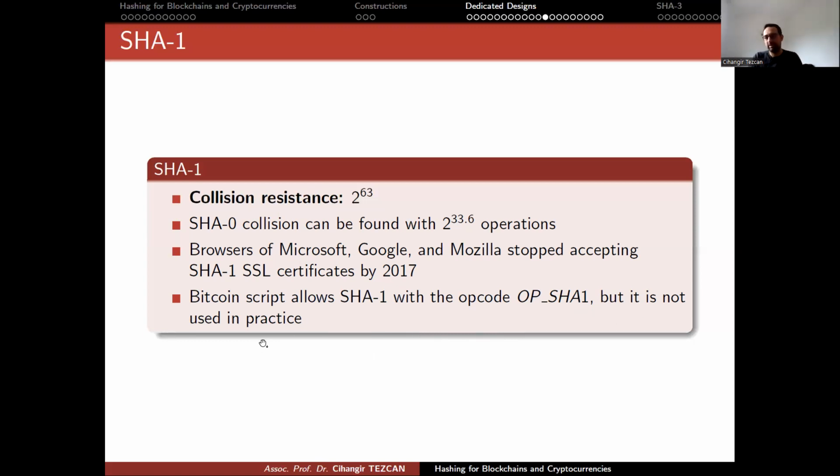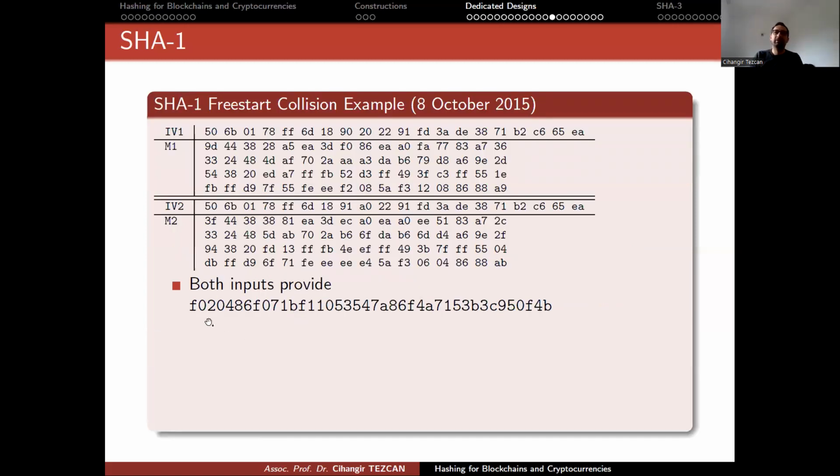By practice, I mean it is not used in address derivation or transactions and so on, but since it is there, you can use it. And there is a very nice example called SHA1 bounty, which I will explain once we talk about Bitcoin in the future, okay? So let's talk about why SHA1 is not secure, because we can find collisions.